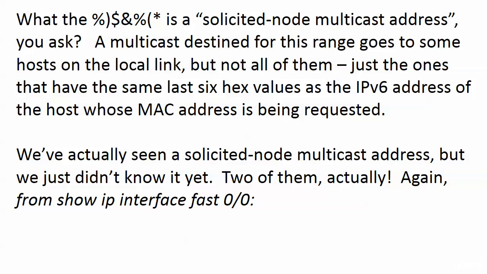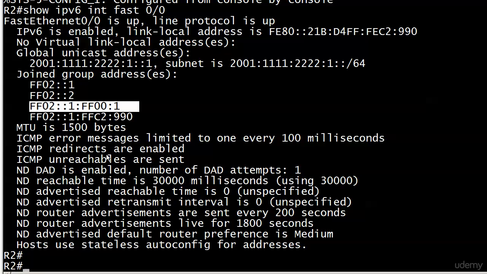But we also want to know how to calculate the SNMA, where it came from, and also where to find them on the router. Because we've not just seen one SNMA to this point, we've actually seen 2 of them. And if we go back to show IP interface, I bet you can guess which 2 addresses here are actually SNMAs.